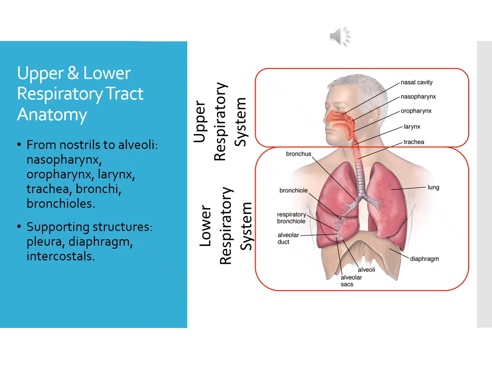For the lower respiratory tract, we have the trachea, right down in the middle there. That bifurcates off into the bronchus or the bronchi, and we have our left and right side, and then it branches down into the bronchioles, which split off into the alveolar ducts and ultimately end at those alveoli.